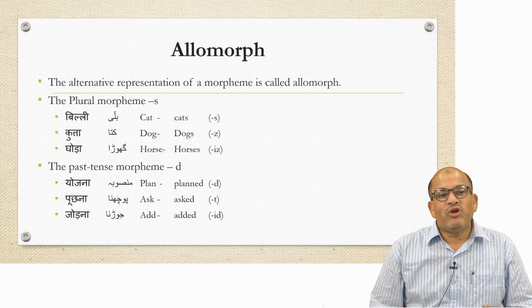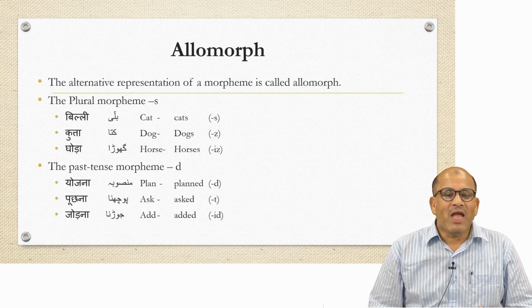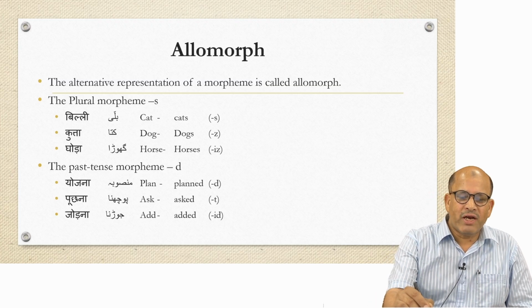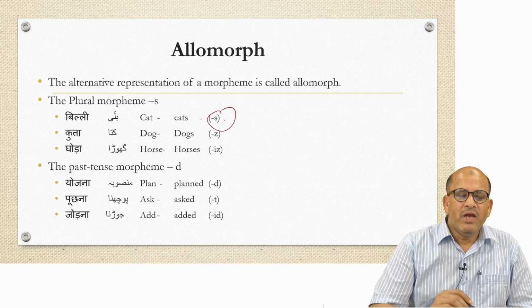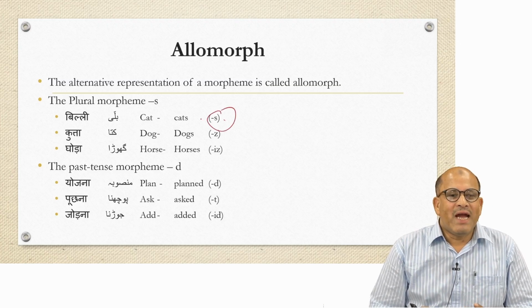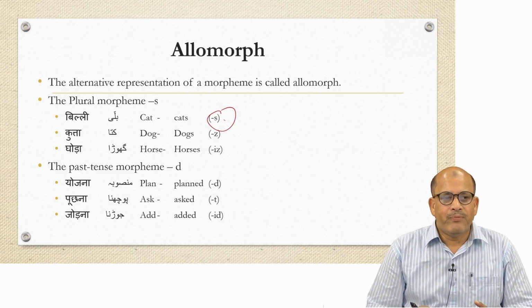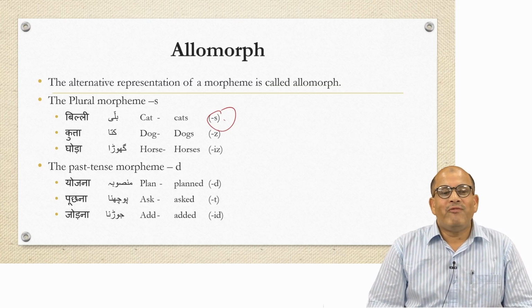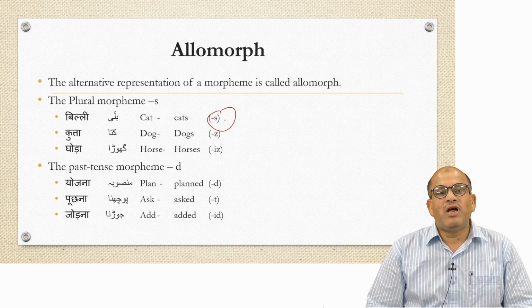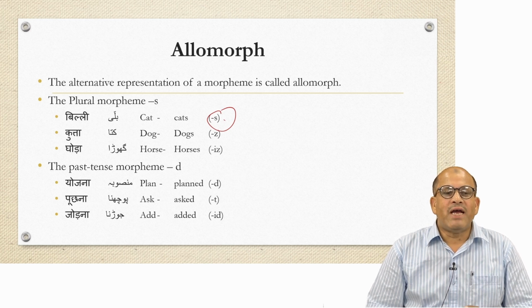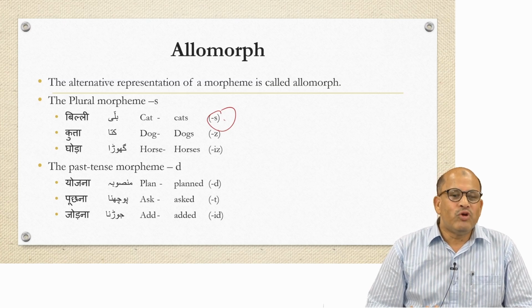If you look at the plural morpheme s, as in cats, it is pronounced as s, as given in the parenthesis. When we say cats, bats, rats, they give the sound s. Whereas in dog, when we add this s to make it plural, it is pronounced like z, as in dogs. We do not pronounce s, we pronounce z, but it still remains plural.